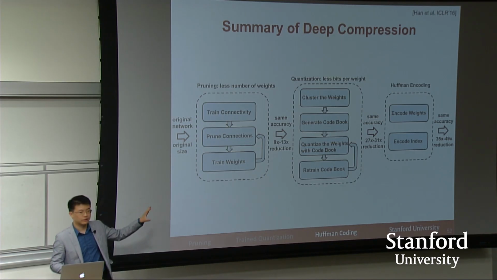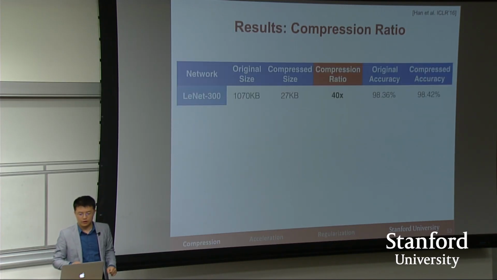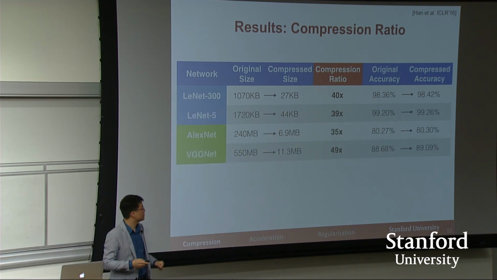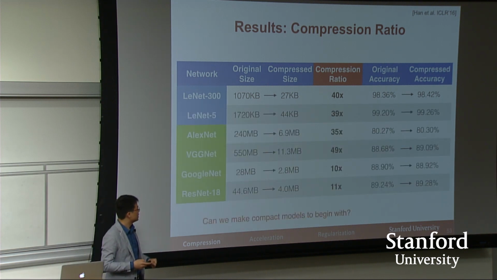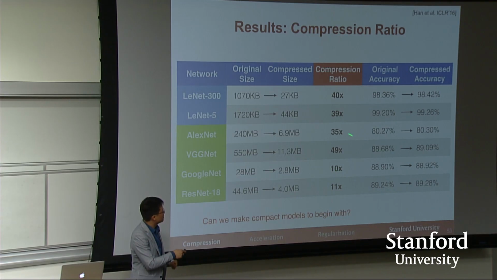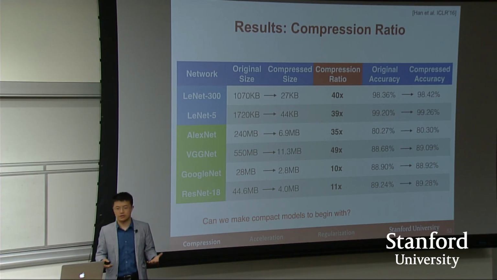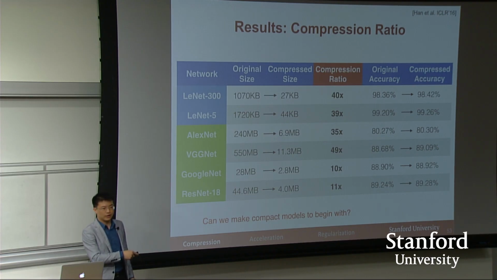By combining these 3 methods, pruning, weight sharing, and Huffman coding, we can compress state-of-the-art neural networks by 10x to 49x without hurting the prediction accuracy. Sometimes it is a little bit better, but maybe that is noise.